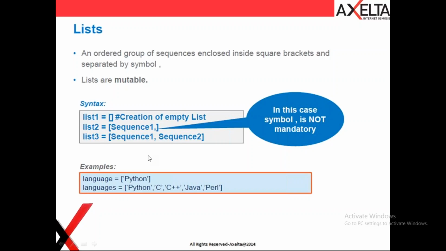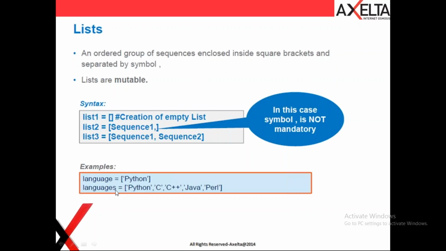Same way, a list also will have indexes. With the help of the index, that is the address, the index starts from 0. To access the first element from the list, you can use index 0. If you want to access the second element, for example, I am creating a list here, languages.